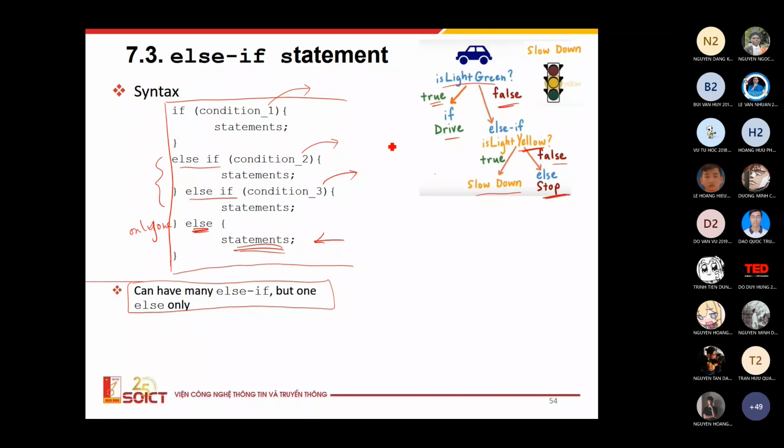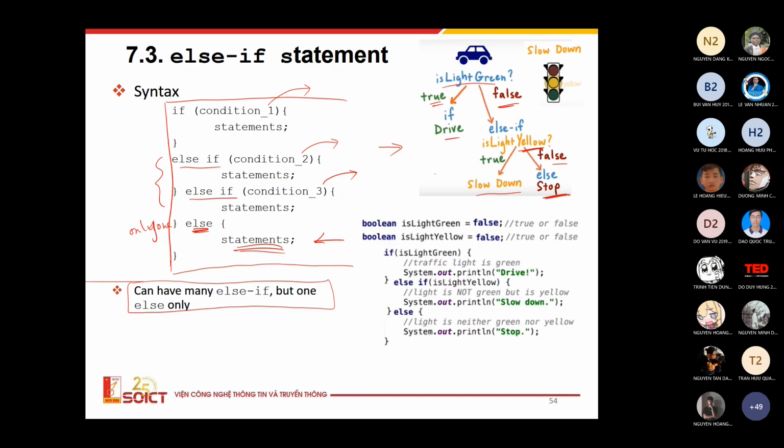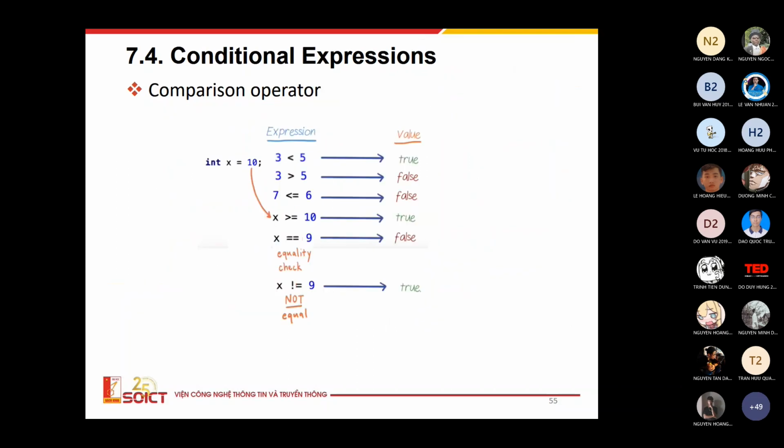So this is the if else statement, and this is the code you write for it. I think you can pass this quickly, because we already have a very clear example.